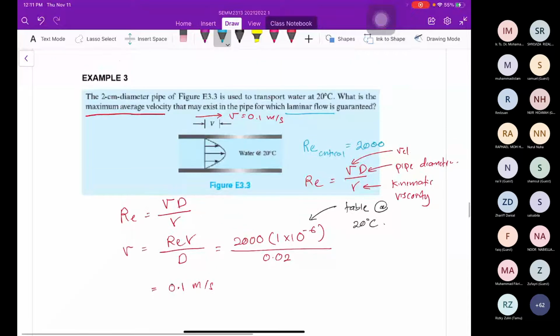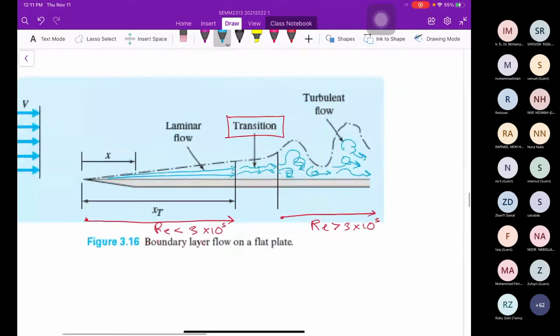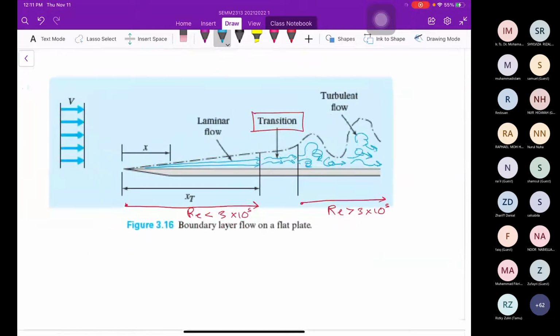In example 3, a 2 centimeter diameter pipe is used to transport water at 20 degrees. What is the maximum average velocity that may exist in the pipe for which laminar flow is guaranteed? Remember, in order to become turbulent, it must achieve sufficient velocity.